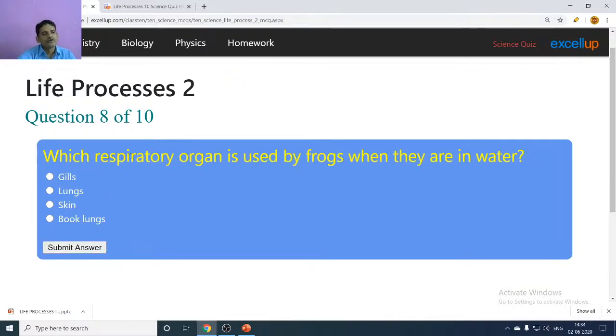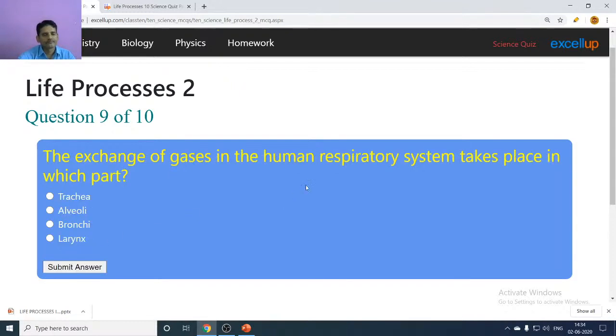Next question. Which respiratory organ is used by frogs when they are in water? Skin. The exchange of gases in the human respiratory system takes place in which part? Which part have we discussed? Air sacs, alveoli.